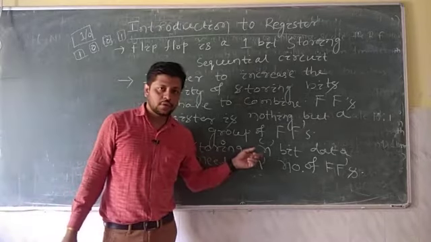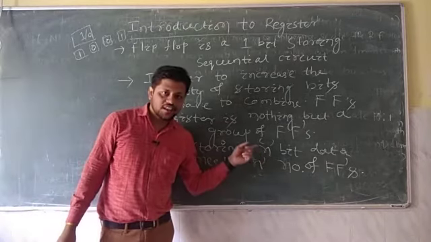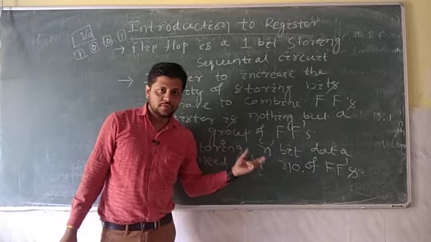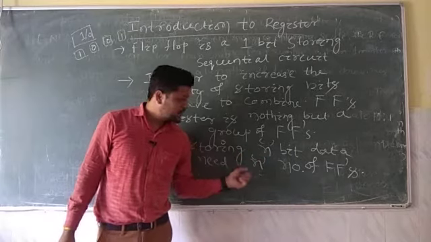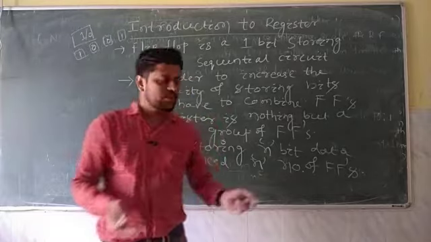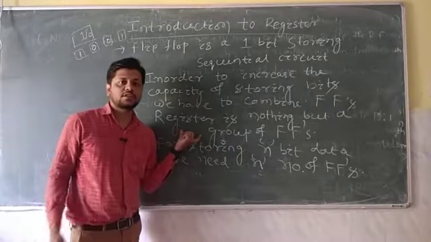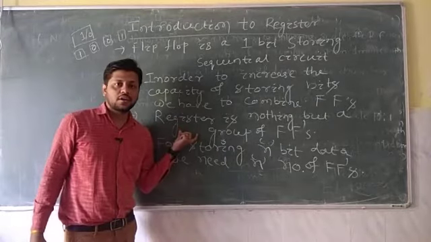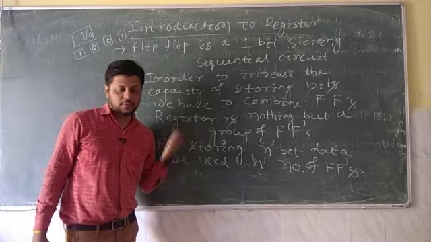For example, if you have to store 3 bits of data, how many flip-flops do we need? We need 3 flip-flops, and that combination of 3 flip-flops is known as your register. So register is nothing but a combination of a group of flip-flops.